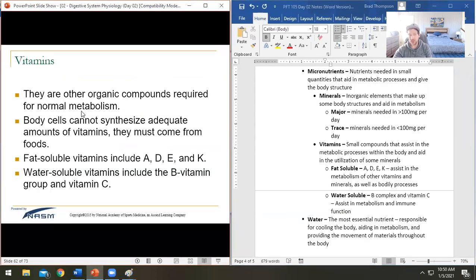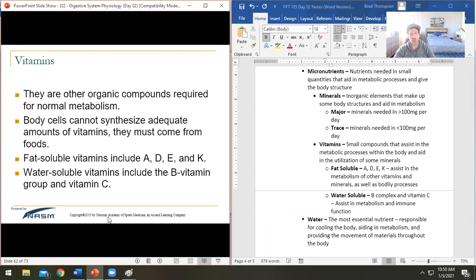And so they're organic compounds. They actually look kind of similar to proteins, vitamins do, but they're smaller and they're a little bit different looking. And so your body can't make vitamins by itself. It has a really hard time making its own vitamins, but it needs vitamins to do stuff, which means you need to get it in food, right?